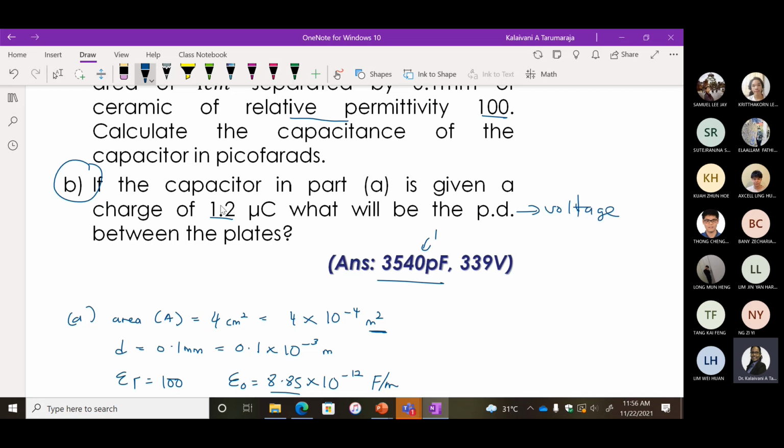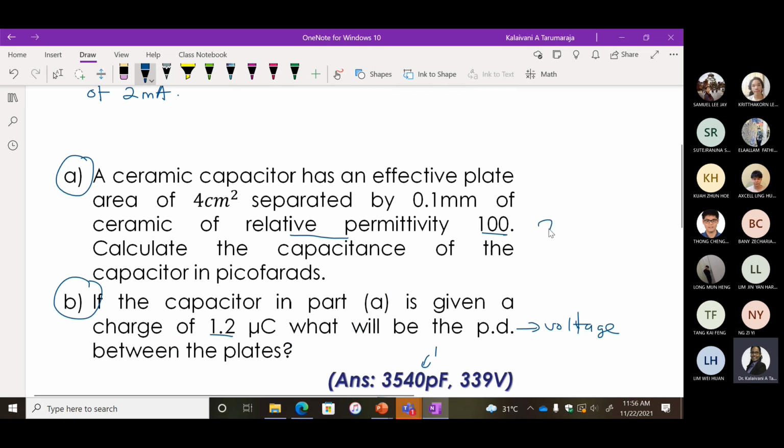So take note, if you see A and B, they are related. Later in tutorial sections, you can always see the questions are related to each other. So be careful when you do a calculation. For example, we have question A, question B, and question C. Sometimes B is related to A, and C is related to B. Example, you calculated the A answer, say 5 micro.